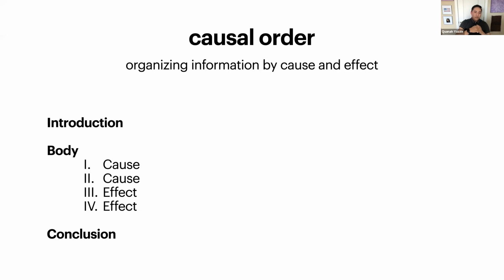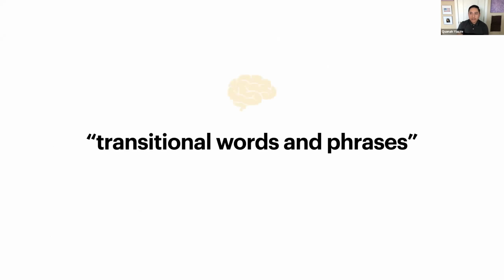You can look online at what we call transitional words and phrases. There's a whole bunch of dictionaries and writing centers out there that have this information already, but you can also use dictionaries and thesauruses to make up your own transitional words.